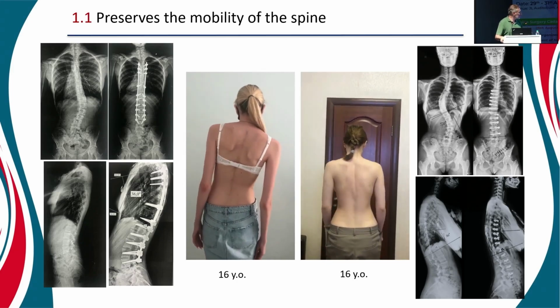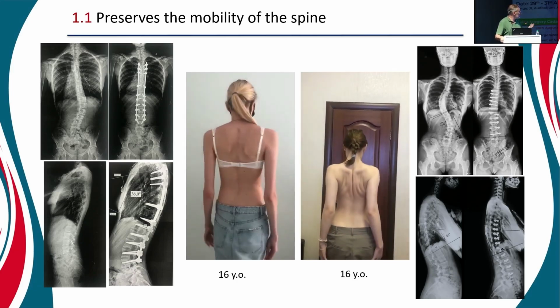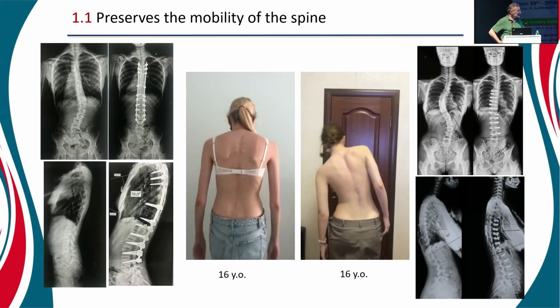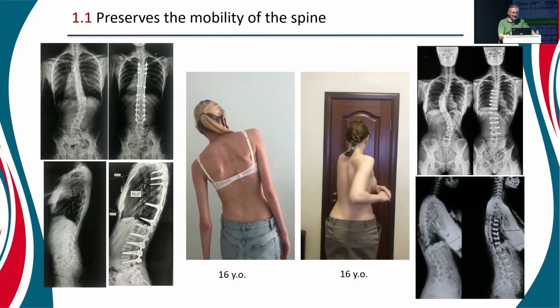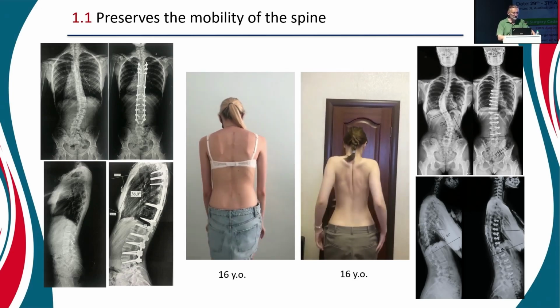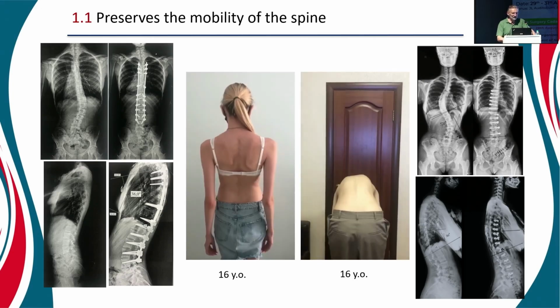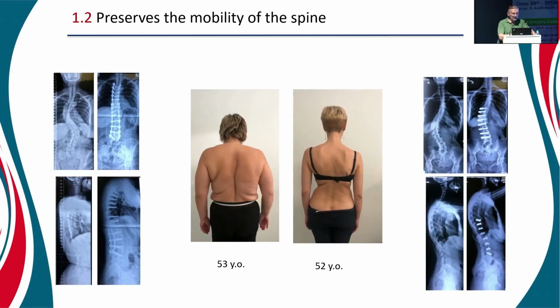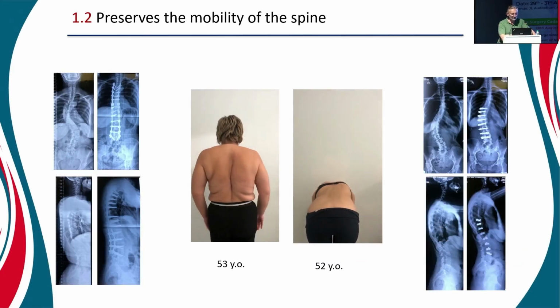On the right side is dynamic correction, on the left side rigid correction. With the same levels of fixation, you can see that the 16-year-old girl has very good mobility, and the patient on the left has big restriction, especially in lateral bending. Next, a 50-plus-year-old lady on the left side.